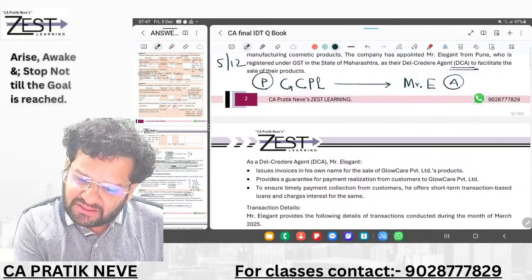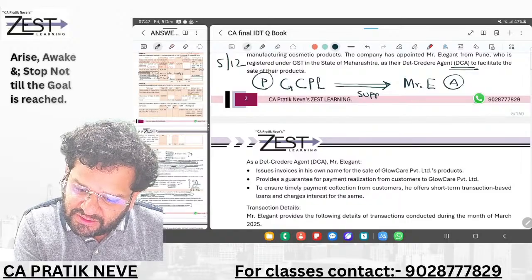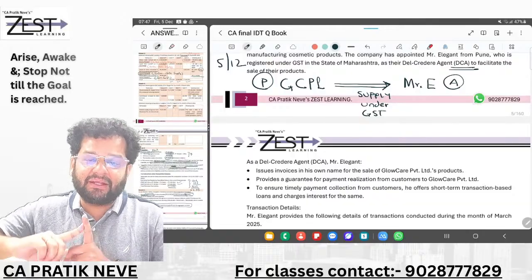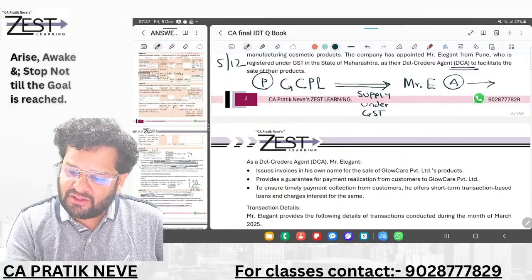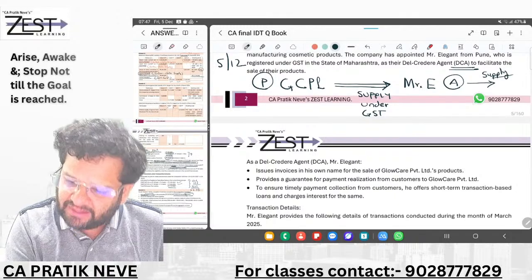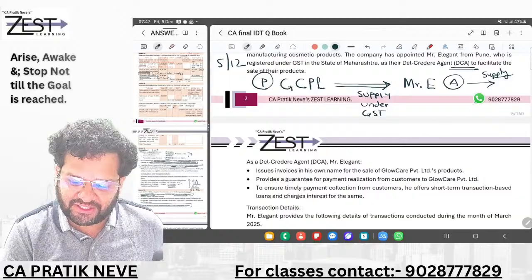So this supply between principal and agent is treated as supply under GST. So this will be supply, and then whatever sale is done by Mr. E, of course, this will also be treated as a supply. That's how I have to understand this transaction.